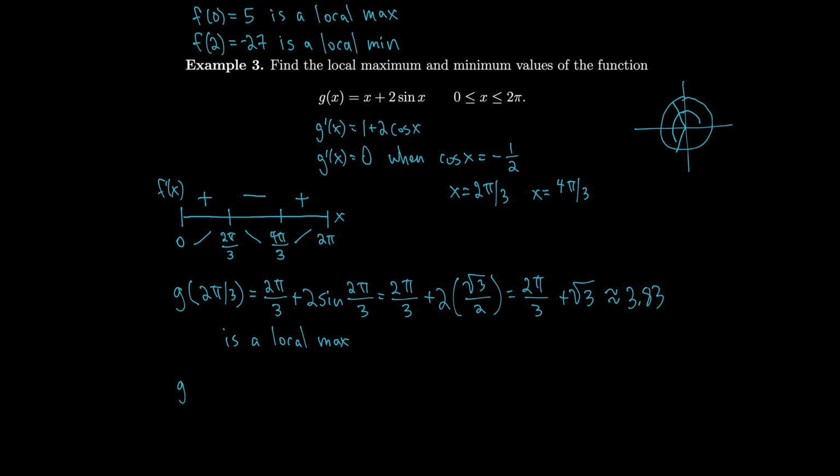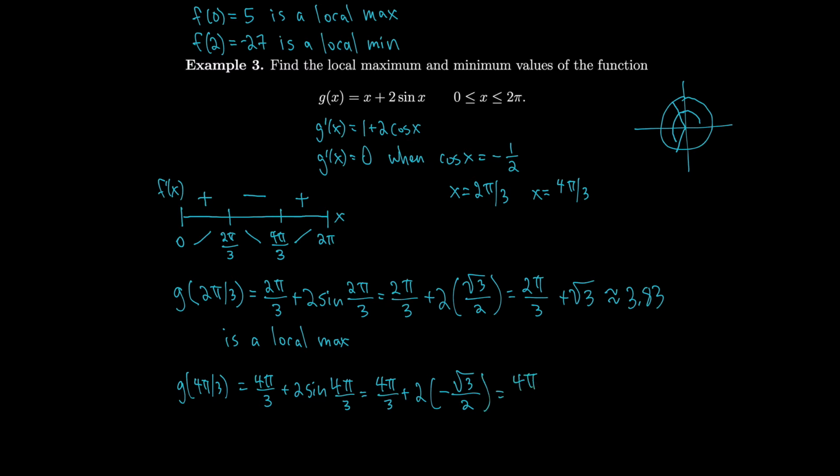Okay, we'll do 4 pi over 3 the same way. So g of 4 pi over 3 is equal to 4 pi over 3 plus 2 sine 4 pi over 3, which is 4 pi over 3 plus 2 times minus rad 3 over 2, because at that point sine is negative, the y value becomes negative over there.